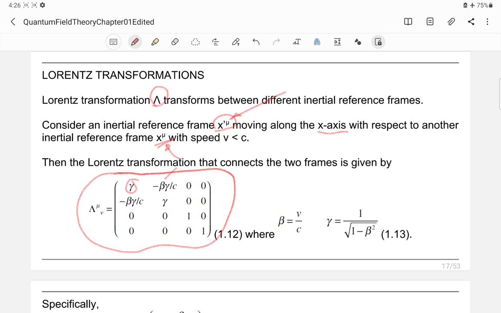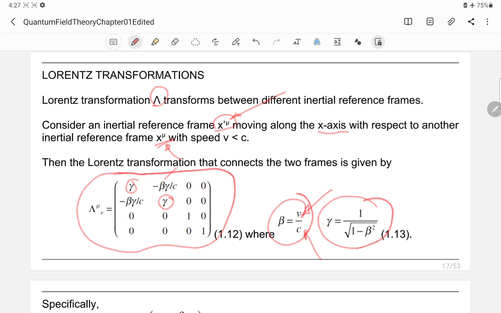And your gamma is just this one, the relativistic factor. So your beta is just equal to v over the speed of light. This is just the ratio of your event's speed over the speed of light.